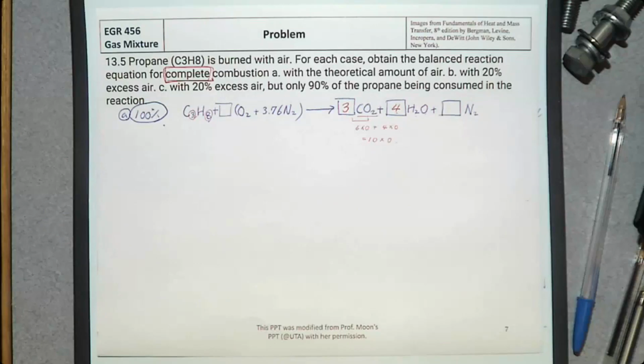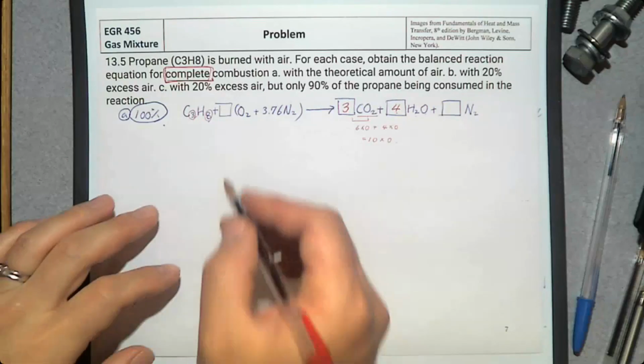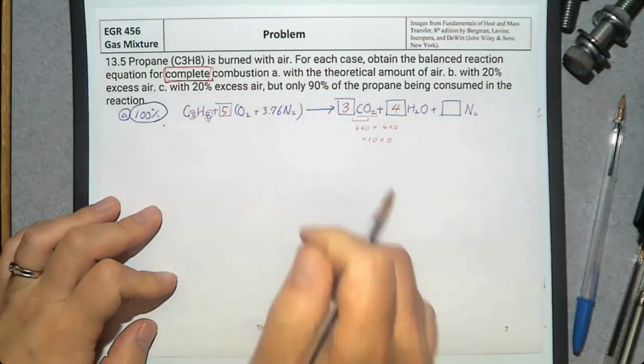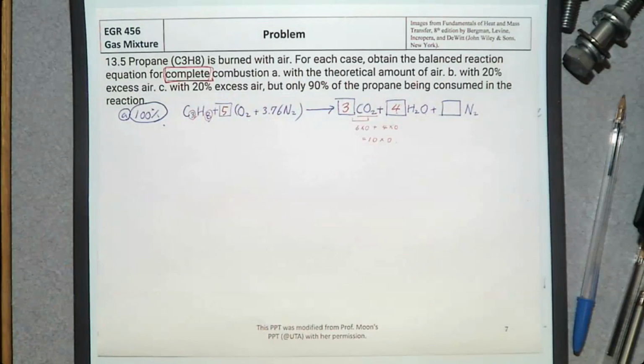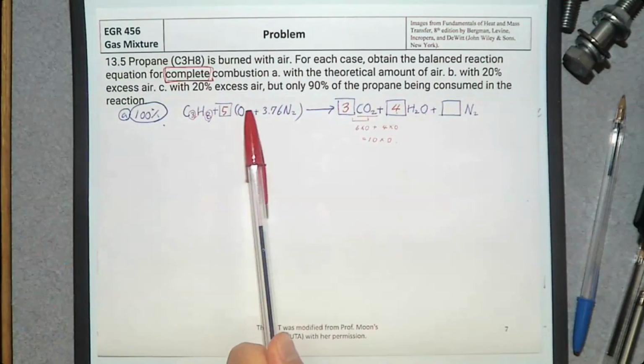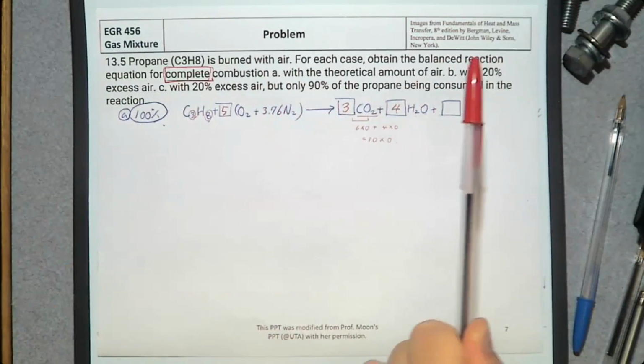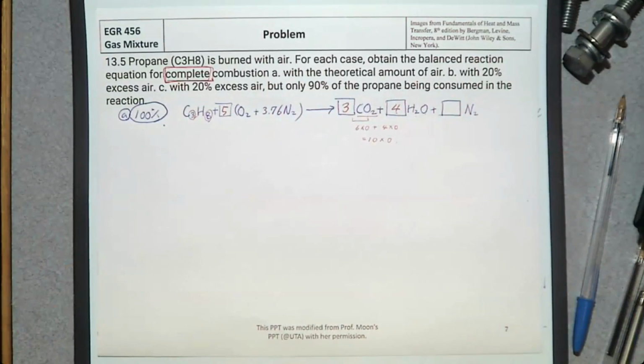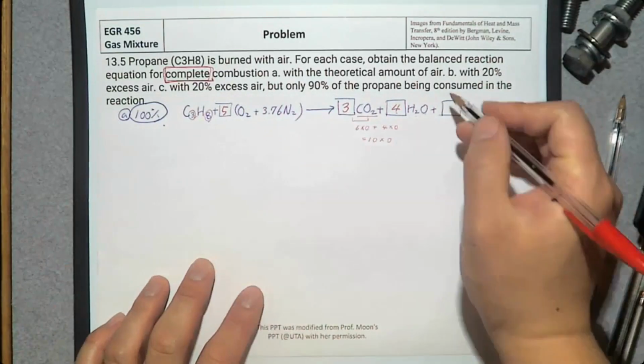So we need 5 molecules of oxygen to have 10 oxygen atoms. 5. Then how many nitrogen? Nitrogen is an inert gas, so it's not going to react. So 5 times 3.76 is the number of moles of nitrogen. That is 18.8.